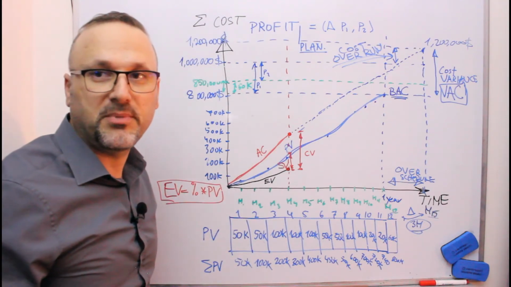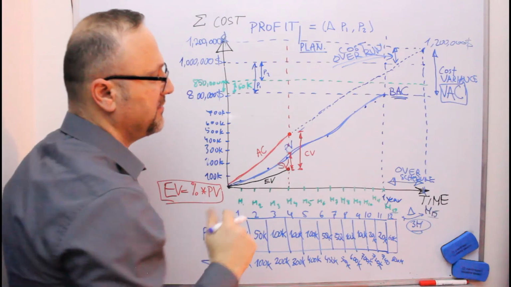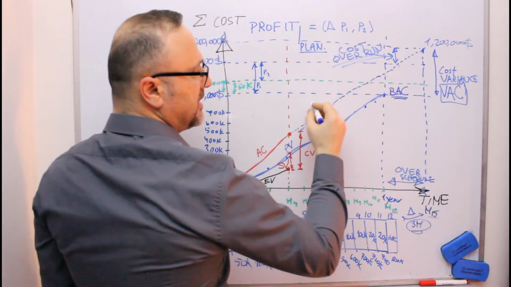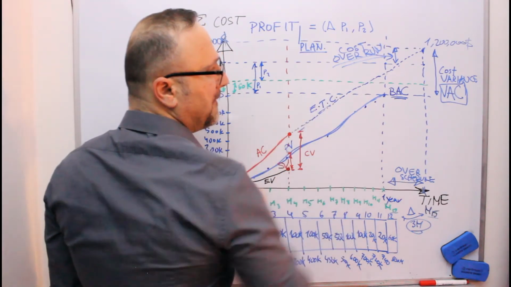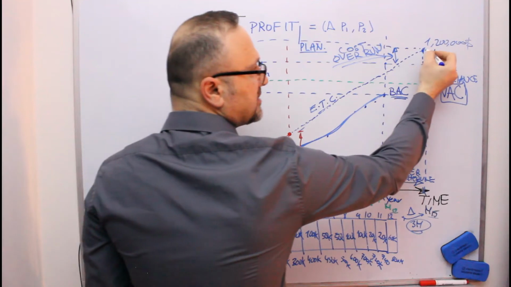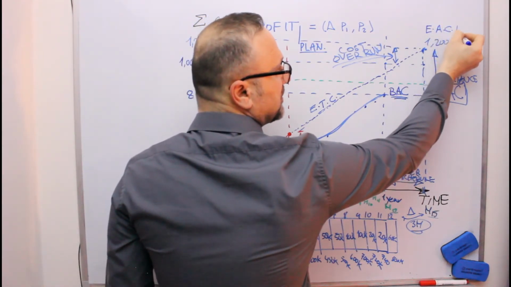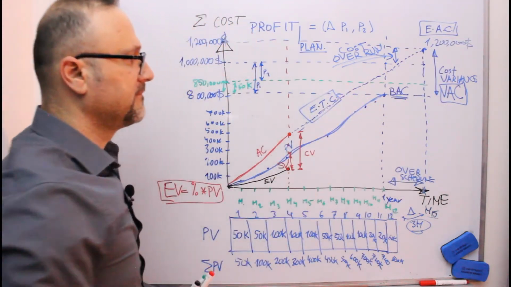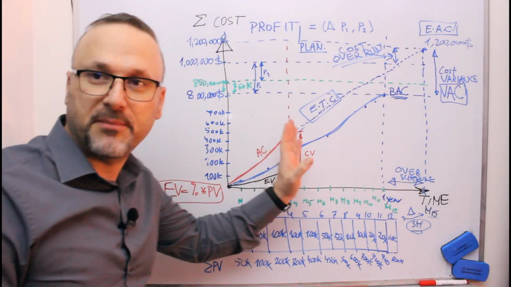The variance at completion needs to be checked all the time. Now, this dotted line is the estimate to complete, and this is the estimate at completion. Save those shortcuts for the next episodes.